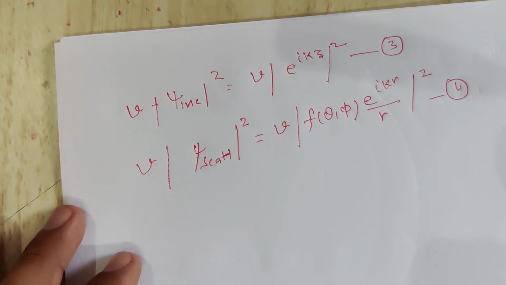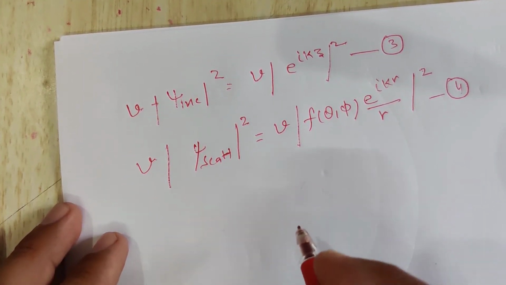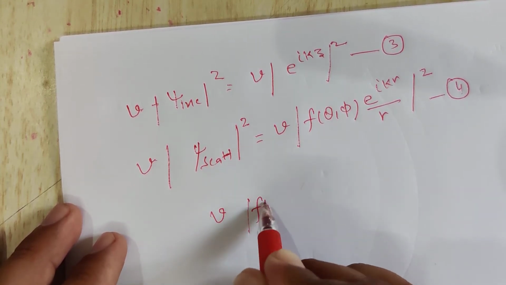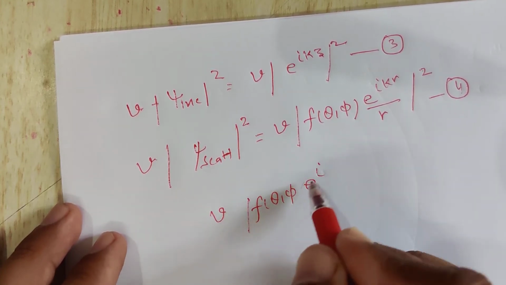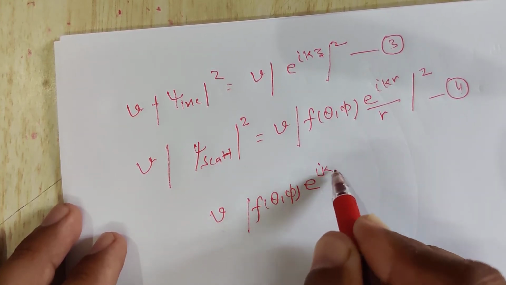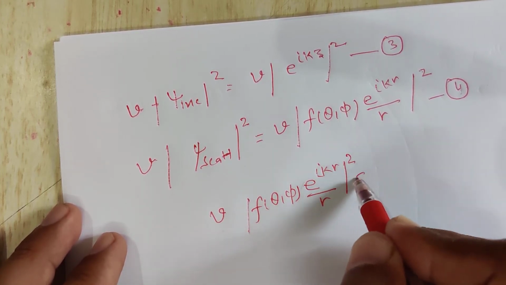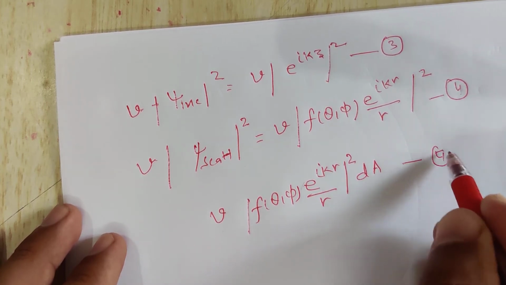Now the number of scattered particles crossing the area dA per second is given by V |f(theta, phi) exponential iota kr upon r| square dA. This is equation number 5.